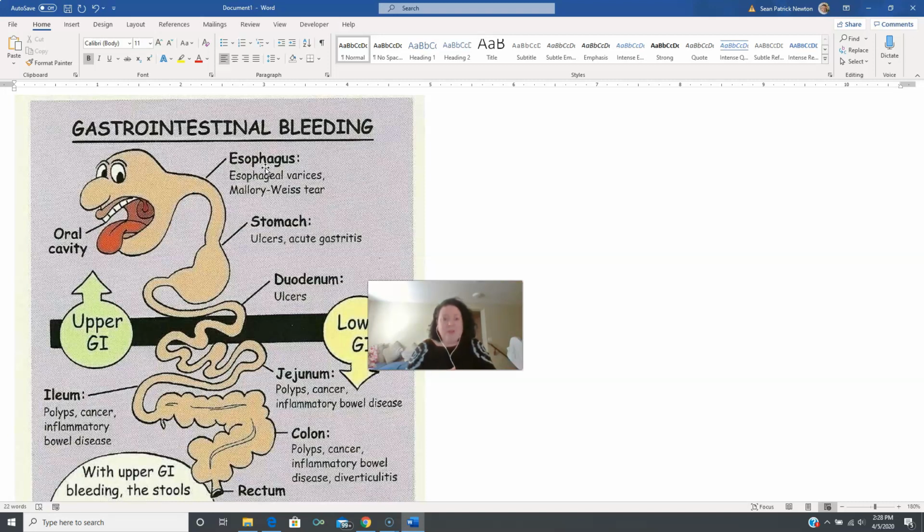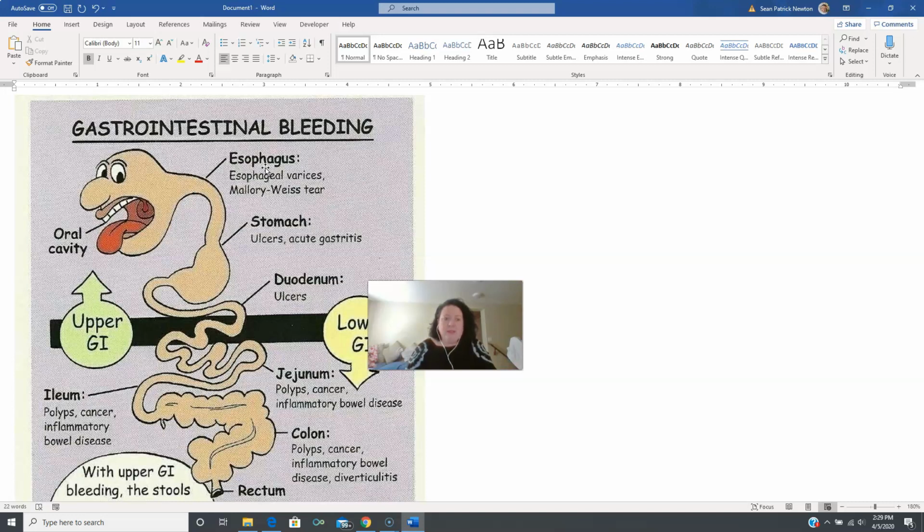And when those rupture, there's just a massive amount of bleeding. Mallory-Weiss tear is another cause of upper GI bleeding. If somebody has lots and lots of vomiting, sometimes they can tear the esophagus. It's called a Mallory-Weiss tear. Neither of those are really common unless somebody has significant disease.